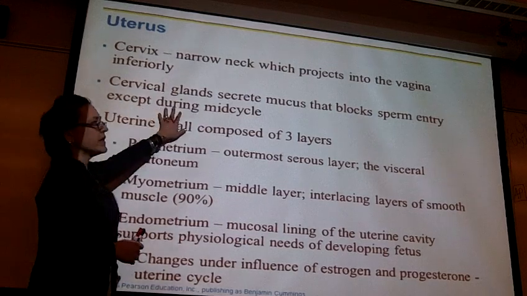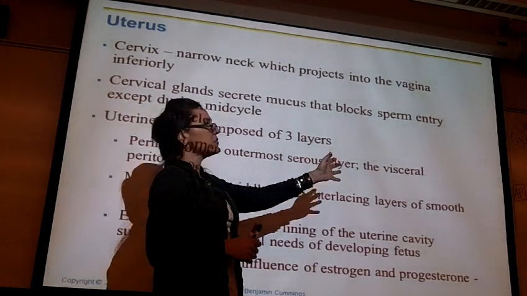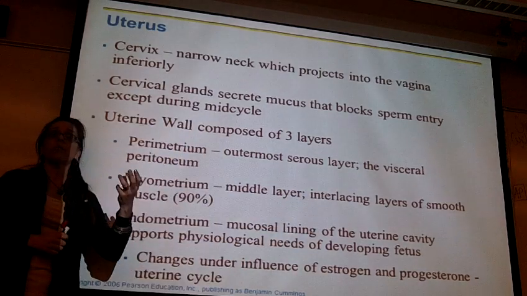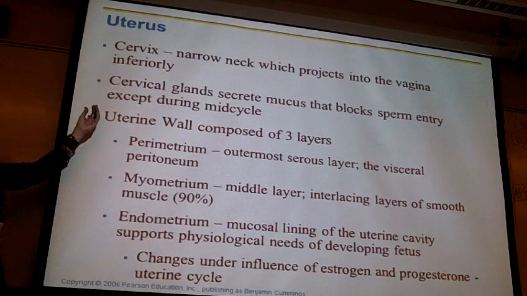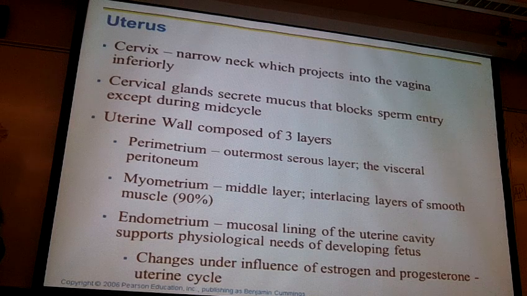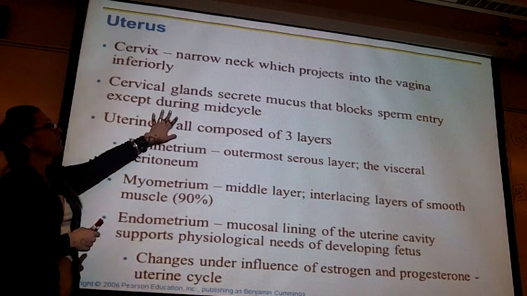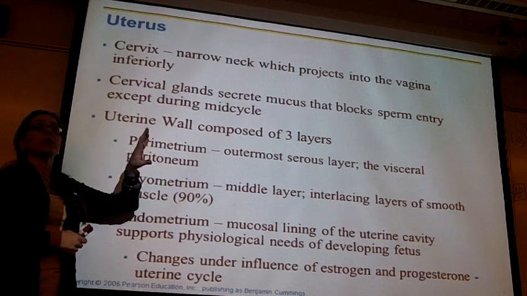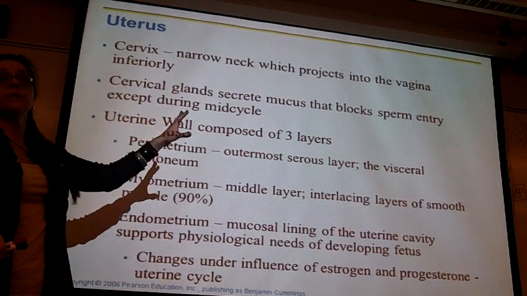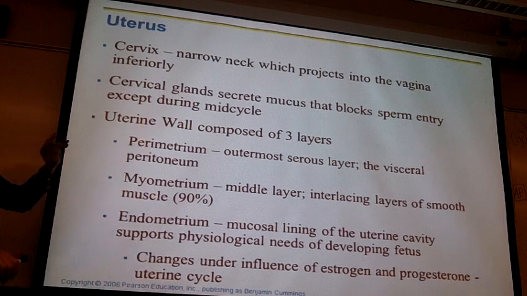Right around ovulation, about a day or so on either side of ovulation, a lot of women can tell that they're ovulating because the consistency of that mucus changes, and it gets thinner to allow the sperm to pass through more easily. Now remember, the sperm in the semen also have a variety of enzymes that can break down that mucus as well.